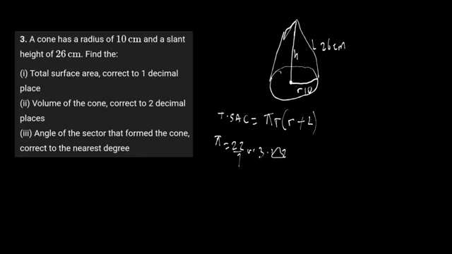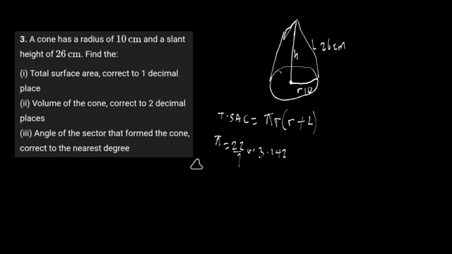But note that if the question says to use 3.142, do not use 22/7, and if you're given 22/7, do not use 3.142. This is an approximation of the correct value, but when you're given this, it means they have approximated. So I'll be going with this in the solution.